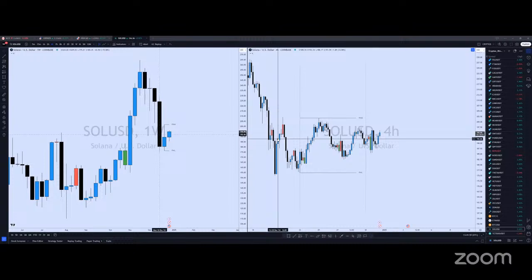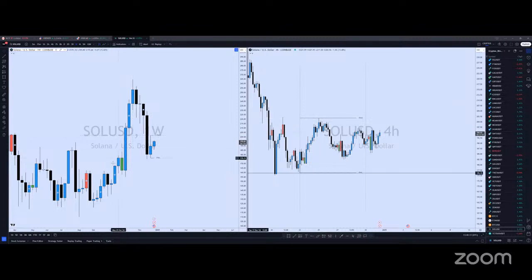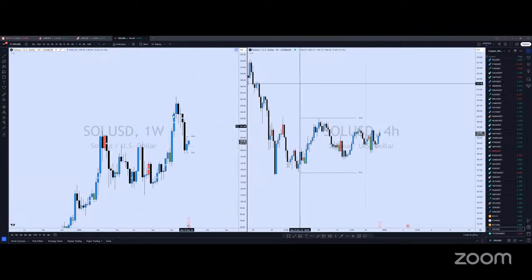If you've been trading for a while, you should understand that the high time frame is everything. That is where you should start all your analysis from. On the weekly chart, we can see that the market is actually bullish, and this whole move to the downside is just a retracement.